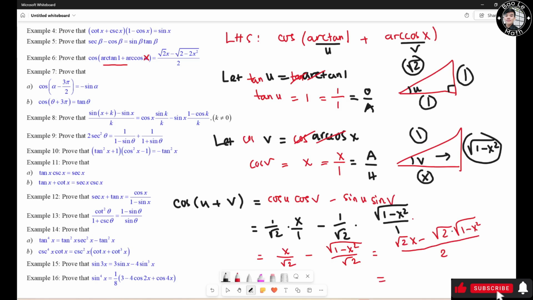Now for these two, I can write them under the same radical sign and then distribute the 2, right? So it turns out to be root 2 s minus root of 2 minus 2s squared, over 2. So this has been proved, right?